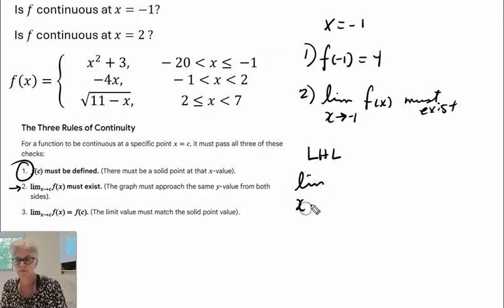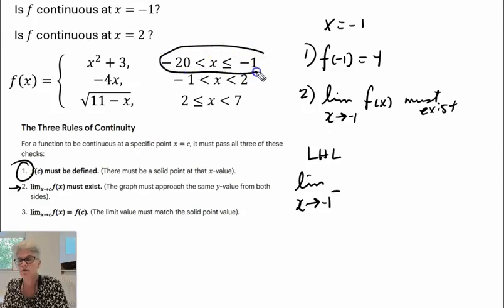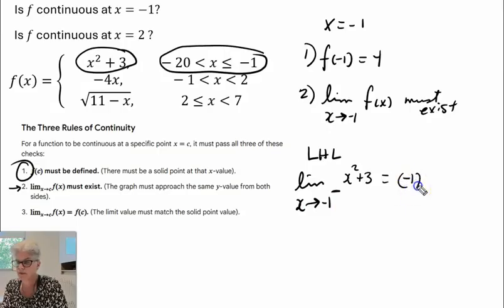What happens when x approaches -1 from the left? When your x values are to the left of -1 on the number line, like -2 or -3, that's going to put us into this situation, which is going to give us this formula. And I'm just going to plug -1 into that formula, and I'm going to have 1 plus 3, which is 4.